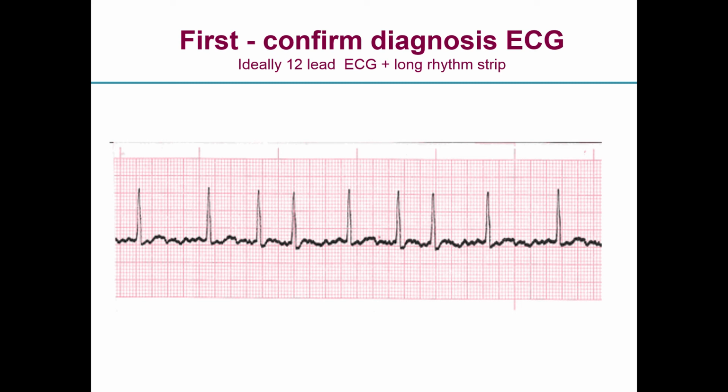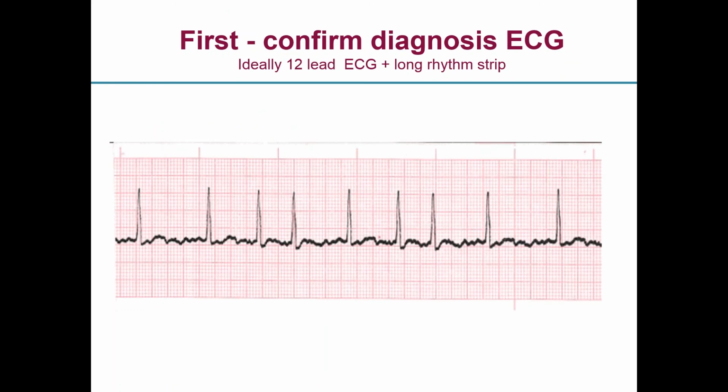And the things you look at are, first of all, the absence of P waves, and you can see the baseline here is quite irregular and jagged, representing chaotic atrial activity. But sometimes if the ECG quality isn't that great, you might not be able to see the P waves that well, and the baseline can look irregular.